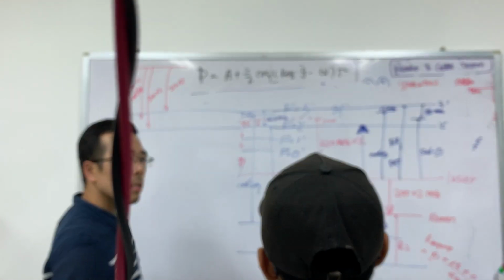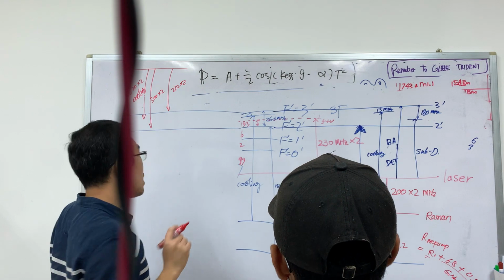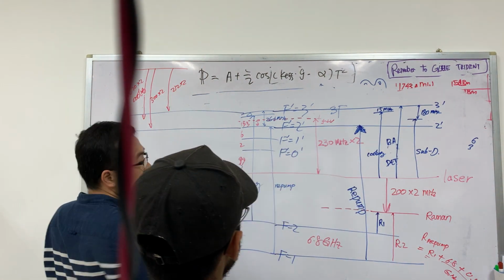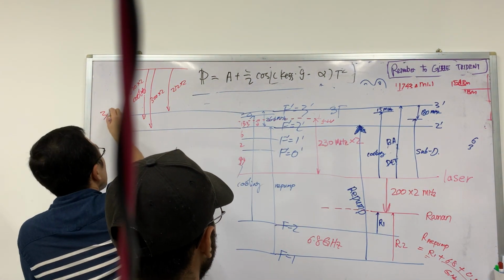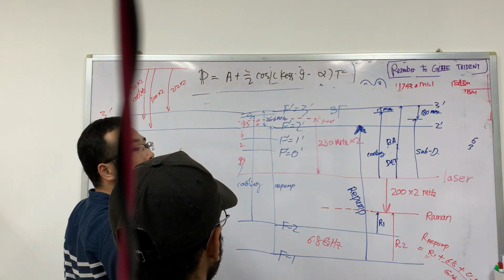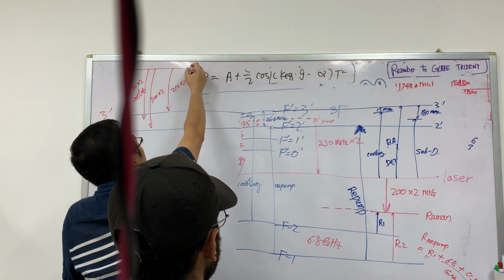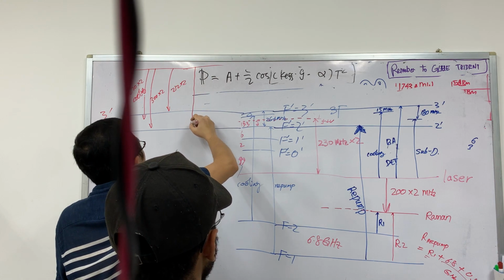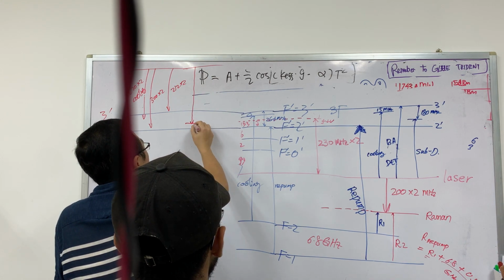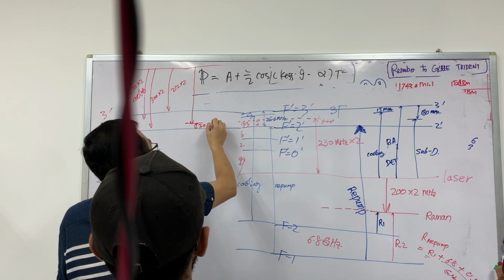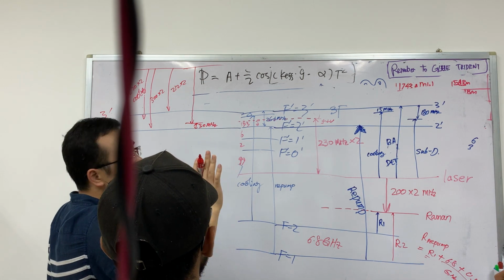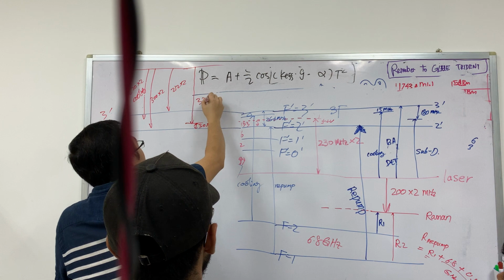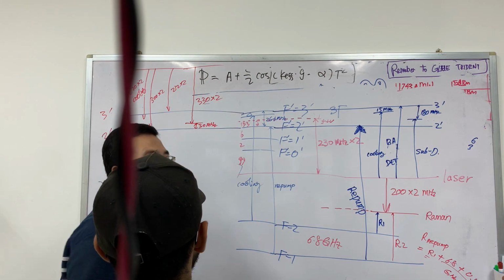That is from the cooling side. Detection also. This is 3 prime, 2 prime. And you do your Raman like this. This is the laser arm. I simplify it. This is 330 times 2.